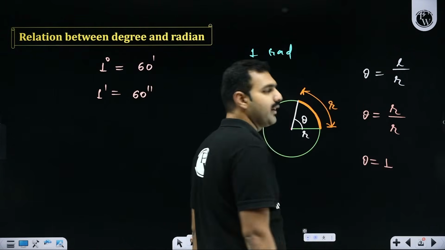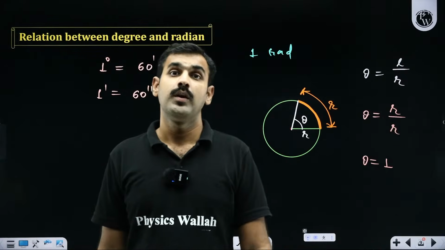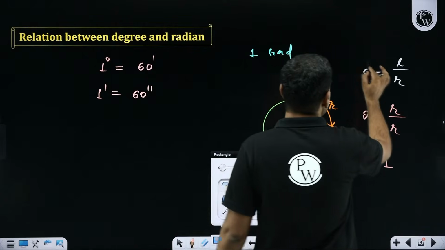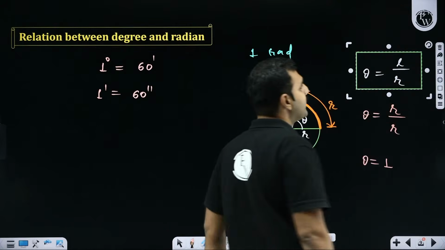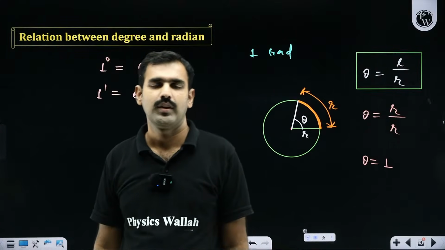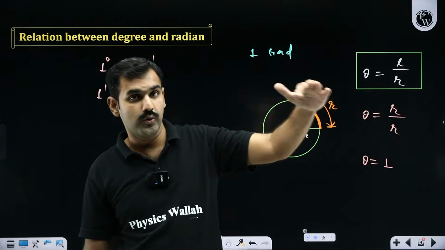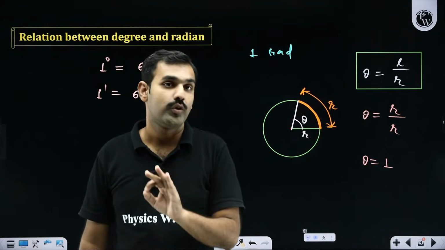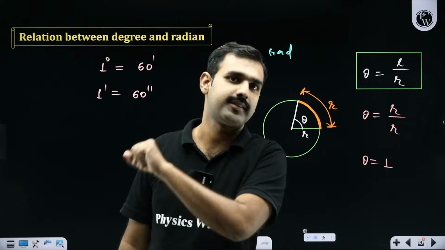Now, is it 1 degree or 1 radian? This formula, if you have studied, actually gives you theta in terms of radian, not in degrees. So if you were using it so far like this, the theta which you have been receiving so far was not in degrees, it was in radians.